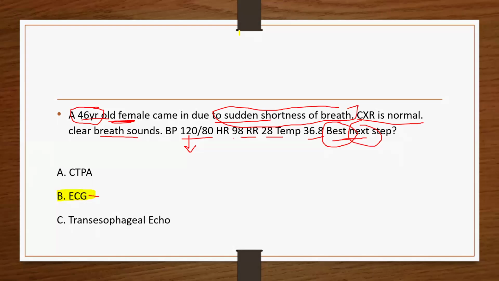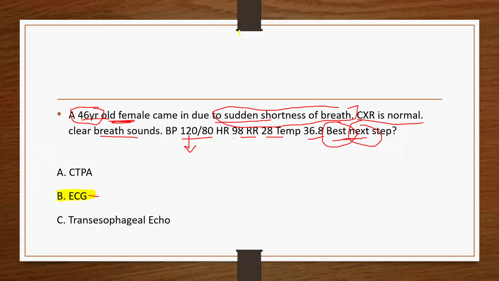Now, next step means what are you going to do next? So the next step will not always be the best step for that. Okay. How can I give an example for that? Okay, so let's think, you have a patient with one disease, maybe pulmonary embolism.